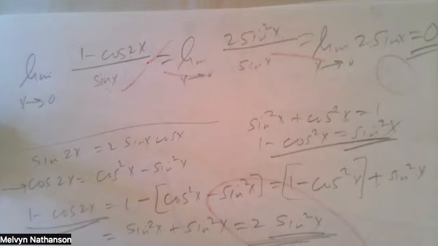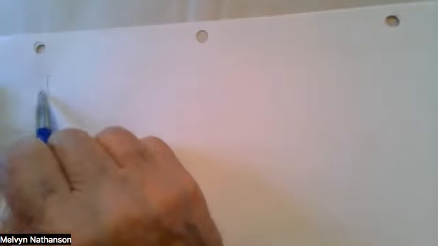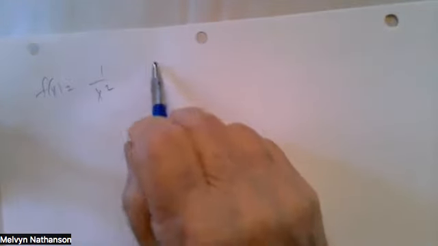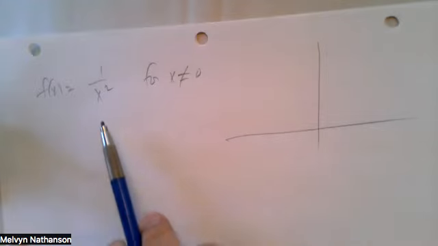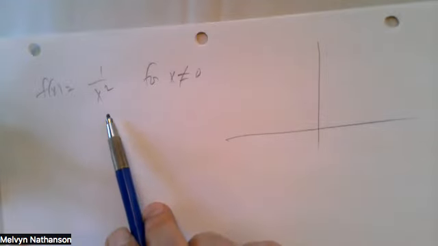So let's go on a little bit. We also have the following type of situation. Suppose we have the function f of x equal to 1 over x squared. So this is not defined when the denominator is 0. This is only defined for x not equal to 0. What does the graph of this function look like?